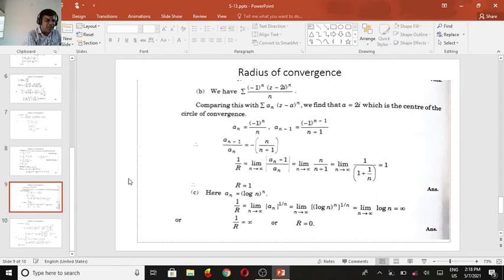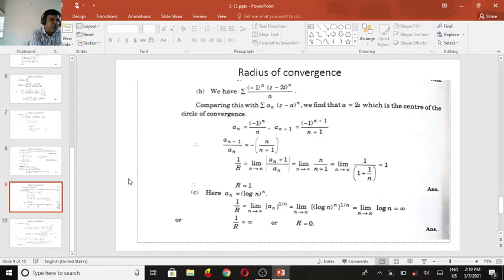Now again we take a_n is equal to (-1) power n divided by n. So a_{n+1} is equal to (-1) power n+1 divided by n+1. By applying the ratio test, a_{n+1} divided by a_n is equal to n divided by n+1, if you simplify.